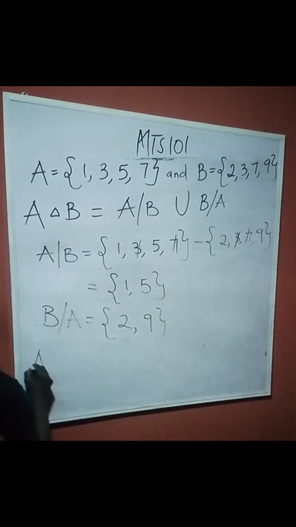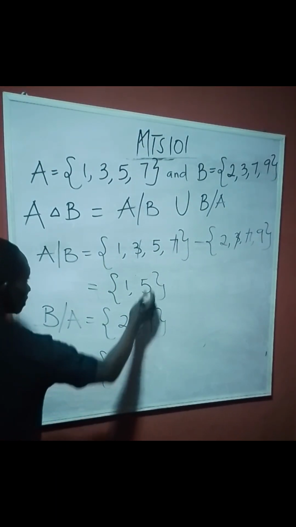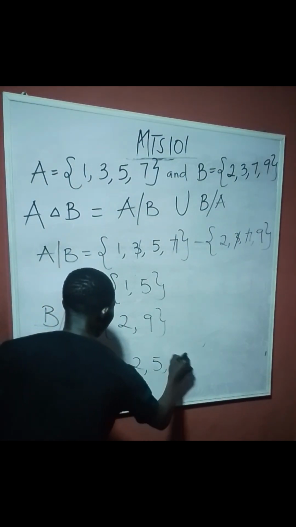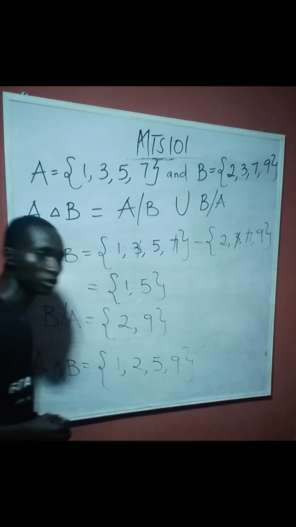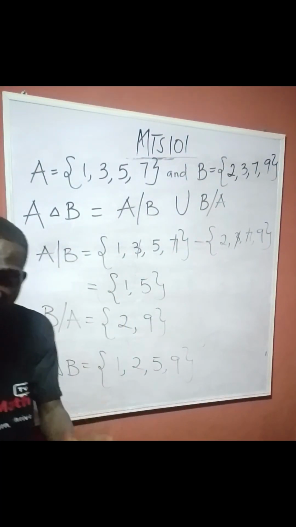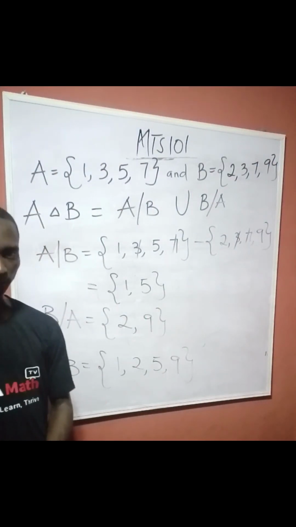That means that A symmetric difference B will be the union, bringing these two together. That is 1, 2, 5, 9. Can you see we have what? We are arriving at the same answer as using A union B difference A intersection B.